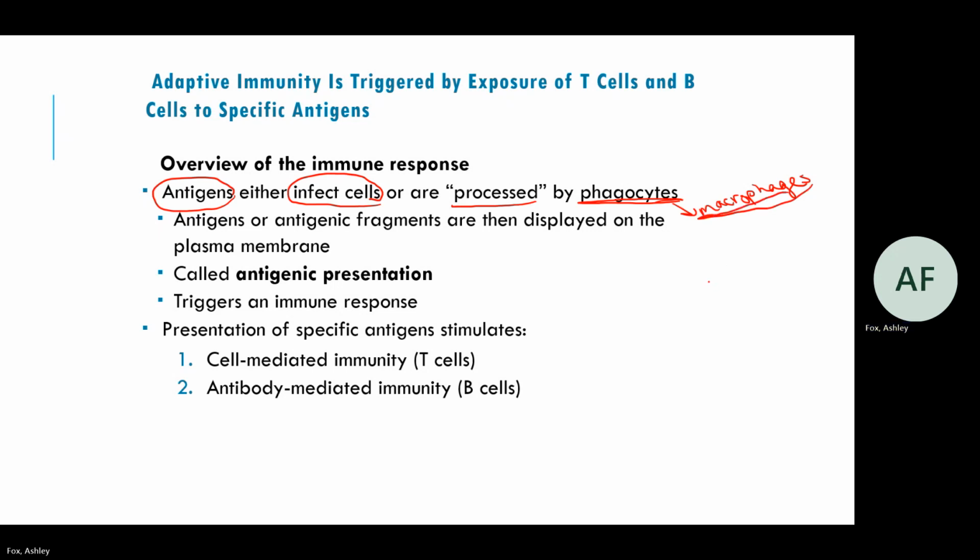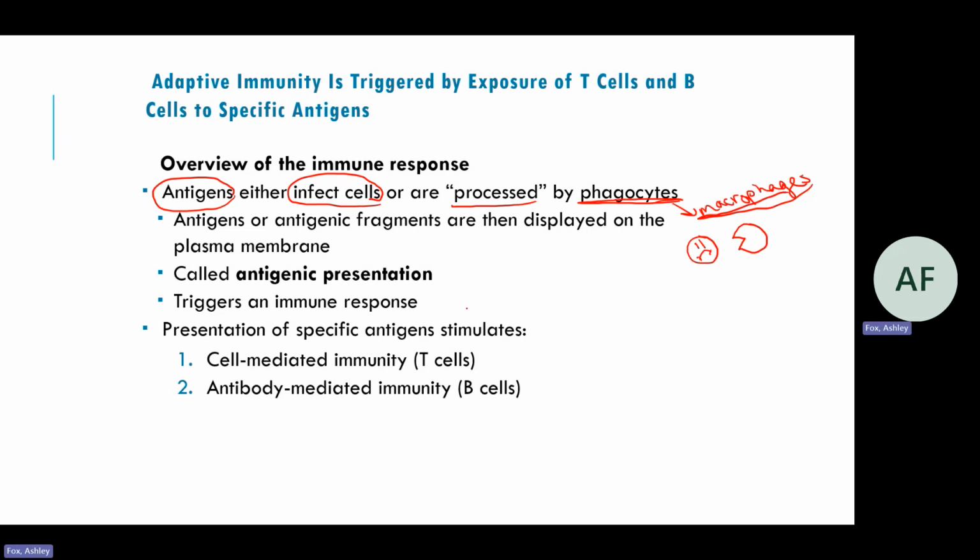What's going to happen is either our own cells are infected, or a macrophage is going to come along and eat or consume a pathogen, so an antigen of some sort. If it's a staph bacteria or something, the macrophage comes along and eats it. And that can be where it's processed as well.